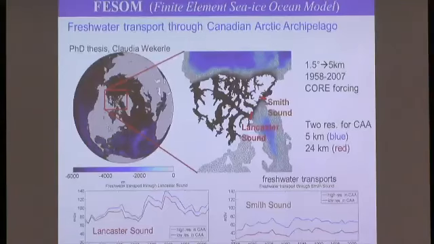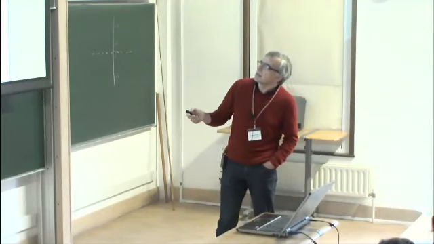We are doing a comparison of two meshes, so one is quarter resolution, quarter degree here, and the other one is just 5 kilometer here, and we are looking at fresh water transport through the major straits.